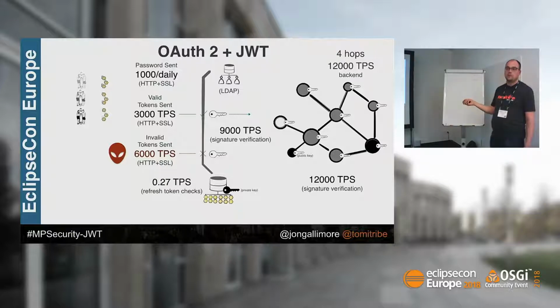We also know who the original user for that call was as well. So for example, Joe can't access a web service and try and get Barry's salary information, because we know in the token that the username is Joe.